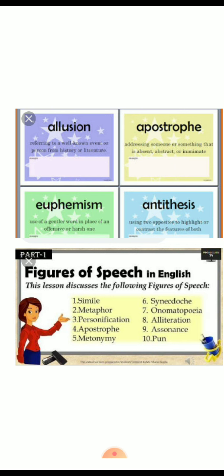Now we will go to irony. Irony, we are very much aware of this term. We have come across this figure of speech many times in our previous class. So what is irony? Irony is a contrast between what is said and what is meant.